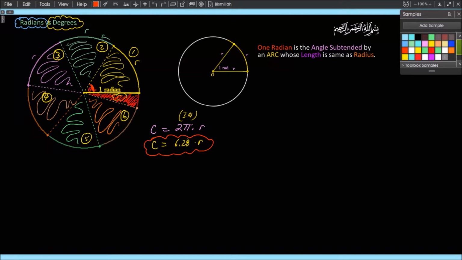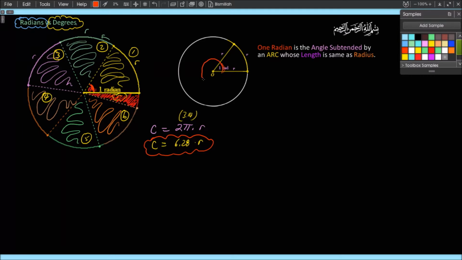Therefore, if 1 radian is defined as this angle, there will be about 6 radians in here. There'll be 6 of those angles in there. So how many exactly? Exactly would be 2 pi, because that's this exact measurement, the 6.28 and so on.